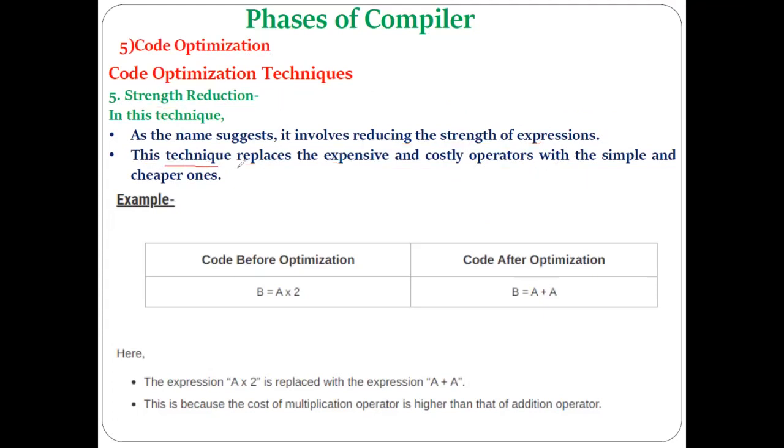This is the technique which replaces the expensive and costly operator with the simple and cheaper one. Meaning, replacing the star operator with the plus operator, and replacing the division operator with the subtraction operator.